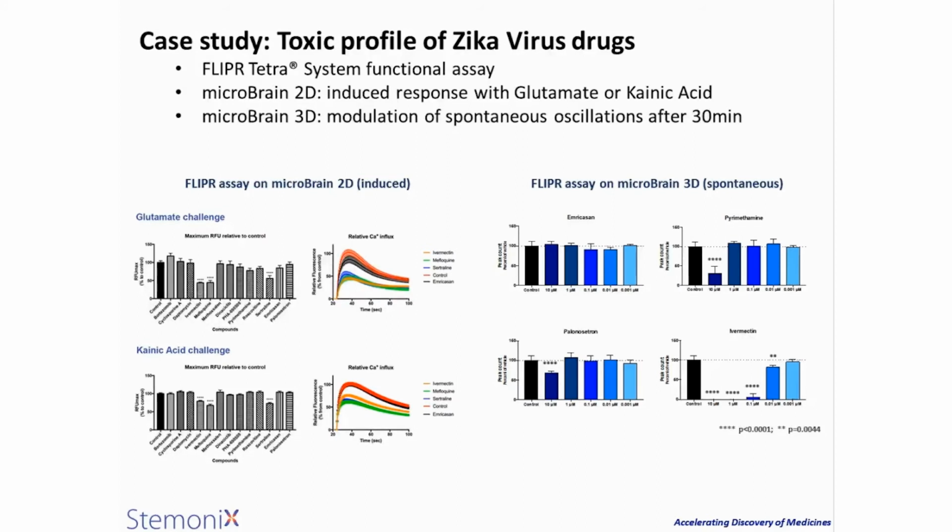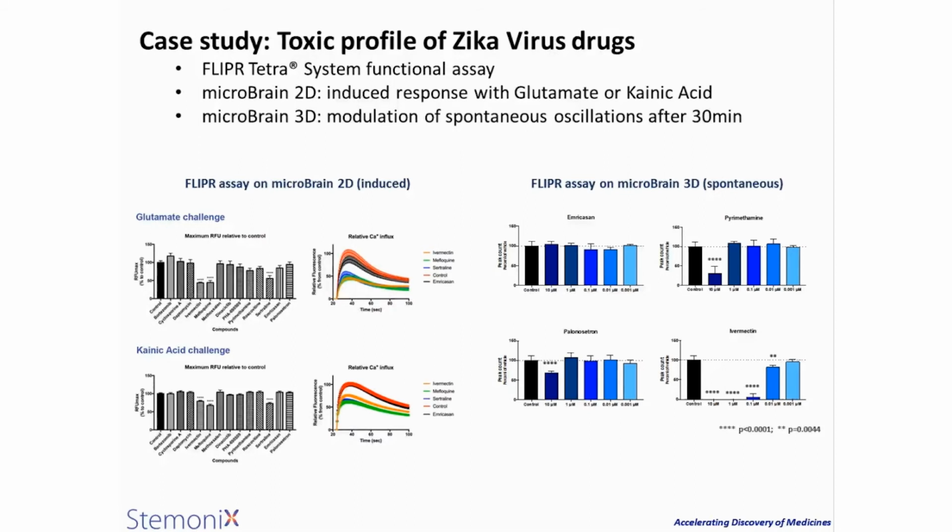And what we want to observe is, on that stimulation, after the pretreatment with these compounds that were considered safe in the cell viability, if they induce any change from the control or the treated cells. And we did observe three compounds that did induce some change, in fact. Although they didn't induce too much cell toxicity, they did induce a functional toxicity that could be observed on the FLIPR.